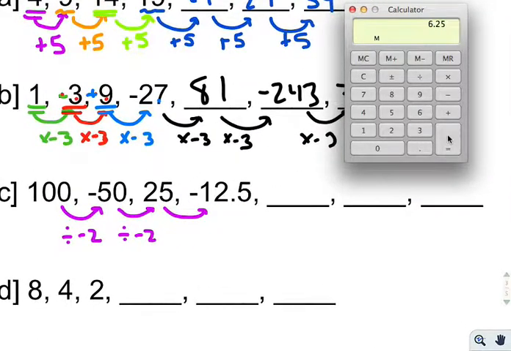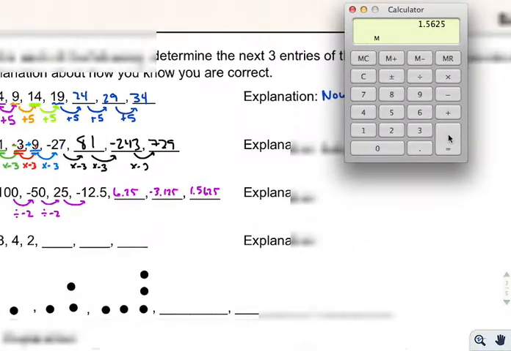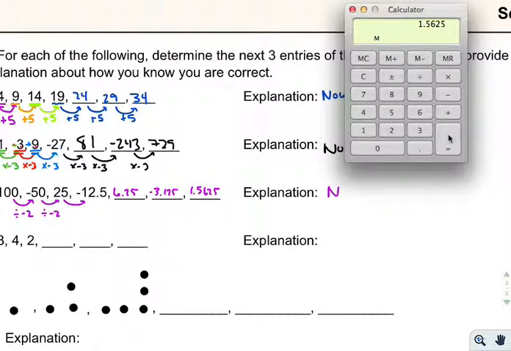Okay, so this should be 6.25. Enter again. Negative 3.125. Enter again. 1.5625. Okay, so we have that. Now let's get to our explanation. It seems like, again, every time we're taking the number we have right now and dividing by negative 2 to get the number that comes next.